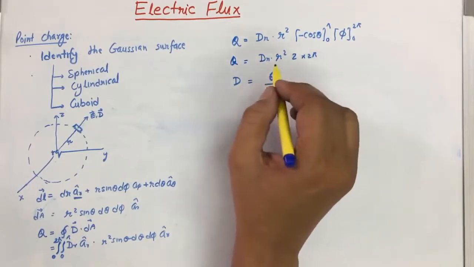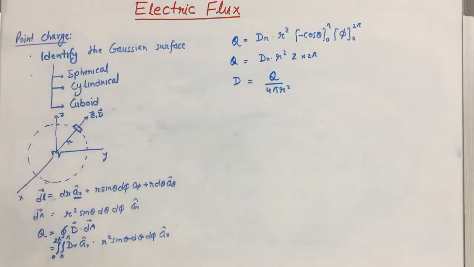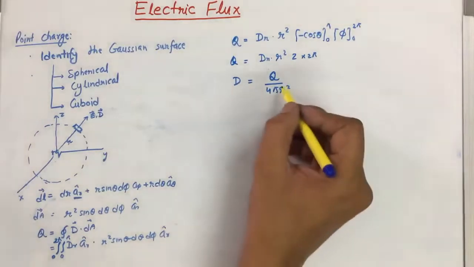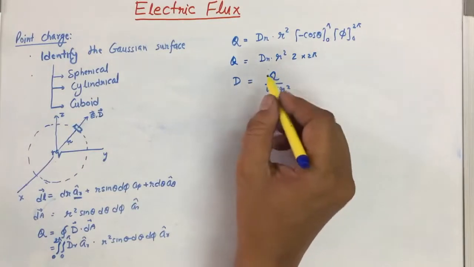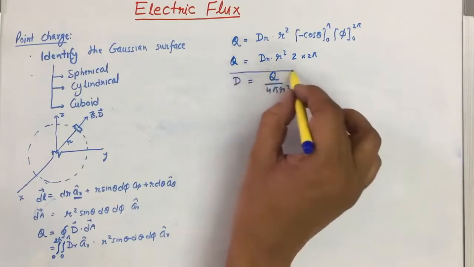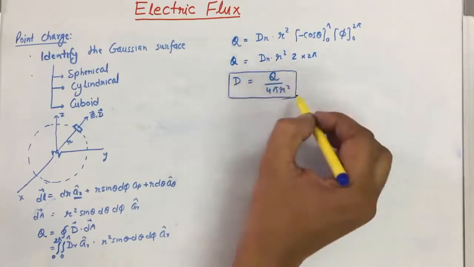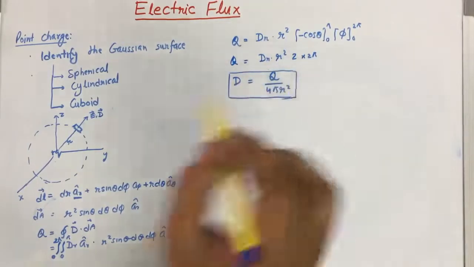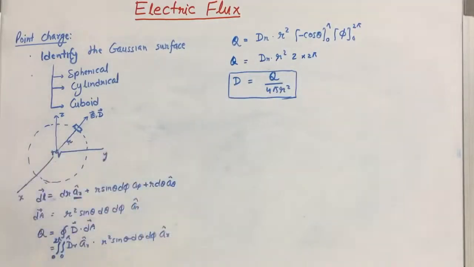That we have already said in the beginning, that D is independent of the material. So from here we can say D is equal to Q by 4 pi r square, derived with the help of Gauss law.